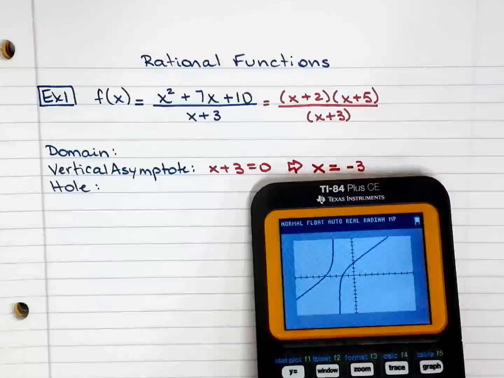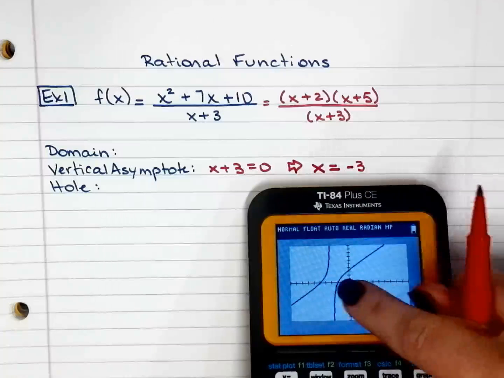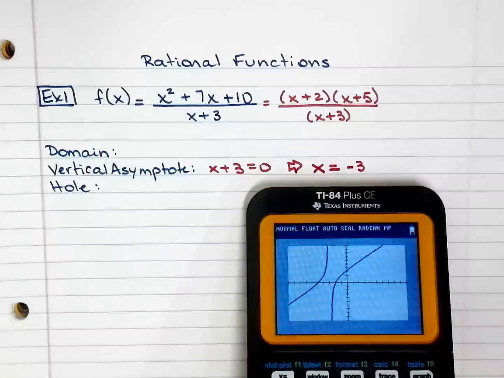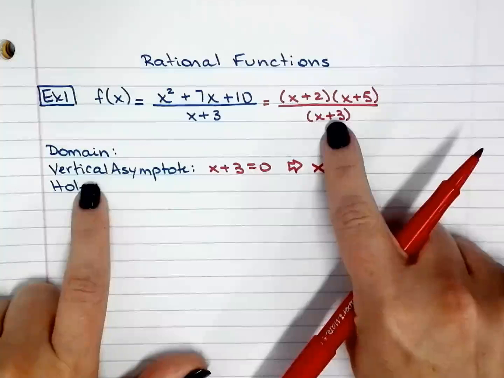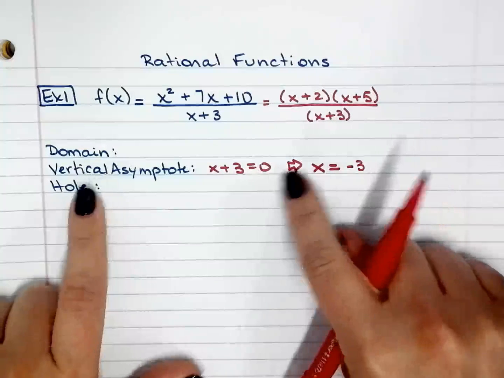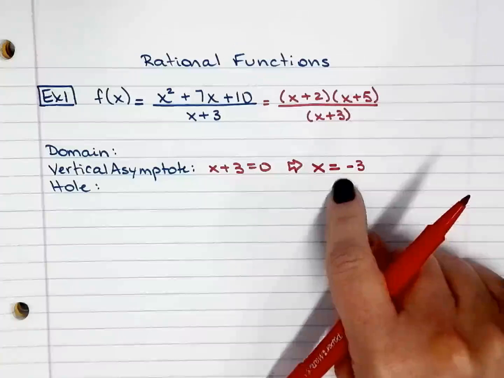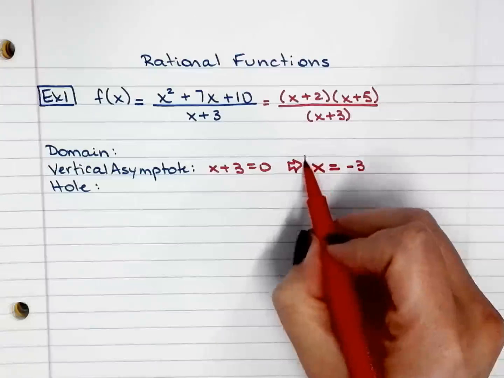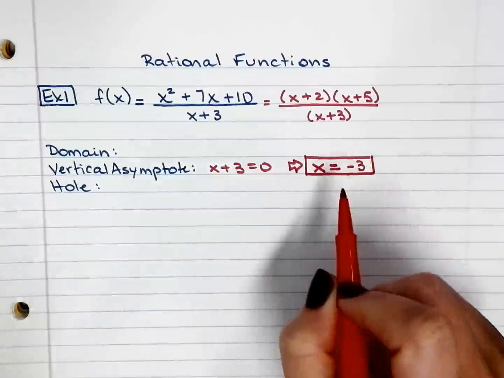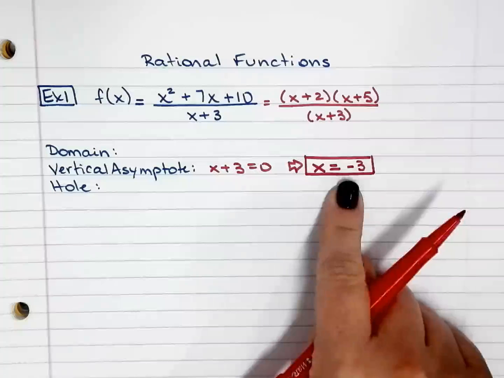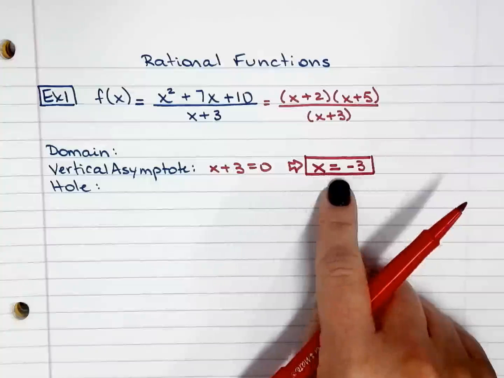Sometimes eyeballs are good, and it turned out to be really easy to find just by eyeballing. But next time, if you don't know, just get the denominator, set it equal to 0, and that's going to be your vertical asymptote. It has to be x equals because the asymptote is a line, not a point. It's a line, so it's x equals.